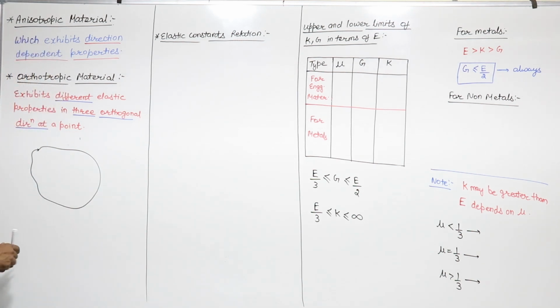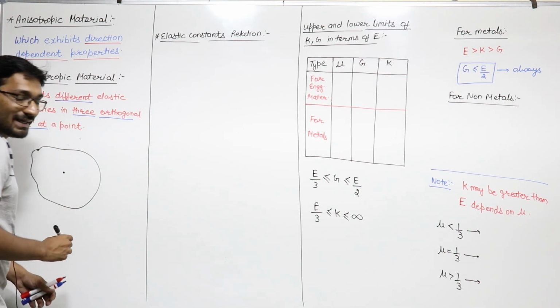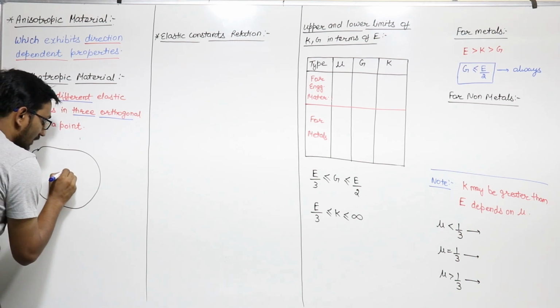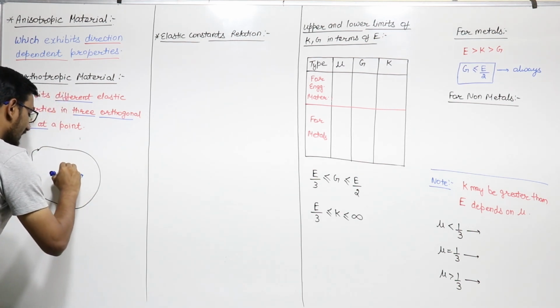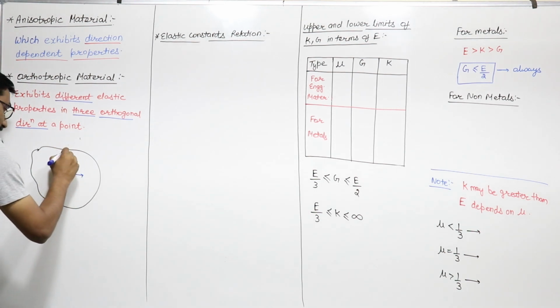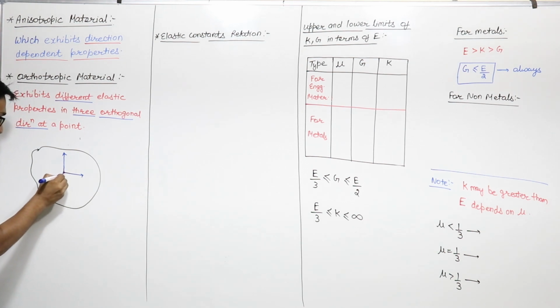So suppose this is a point and we have 3 perpendicular directions here, x, y and z.